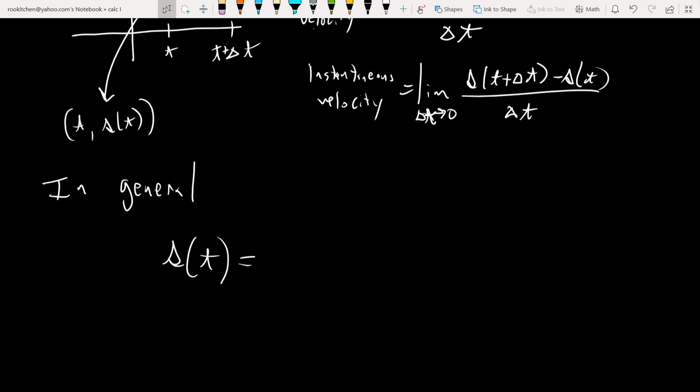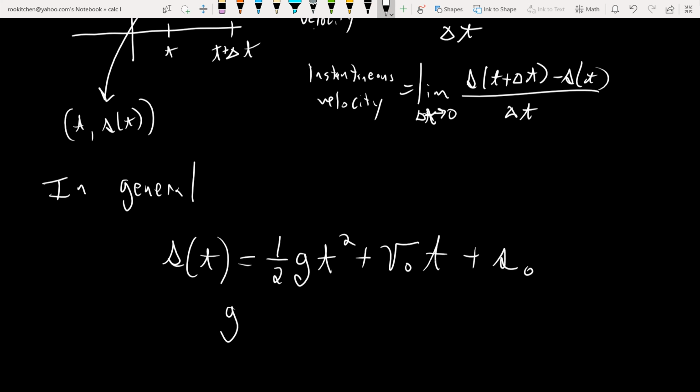The position of a projectile at time t is going to be 1/2 times the gravity constant times t squared plus v sub 0 t plus s sub 0, where of course again g is the gravitational constant, so that'd be negative 32 feet per second squared, or negative 9.8 meters per second squared, I believe.